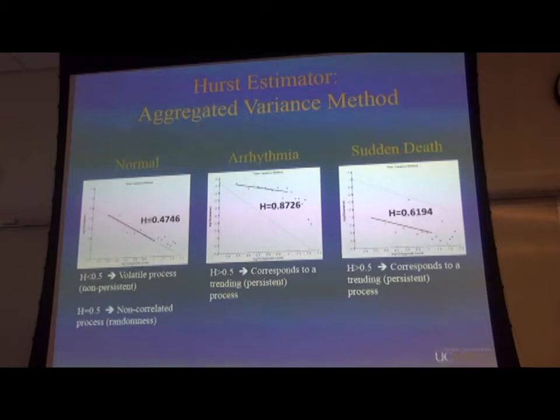From the normal sinus rhythm, it was the only data set that gave me 2 different values, and this could have been because there wasn't enough data, or some human error, because I manually calculated everything. But the arrhythmia and the sudden death were both consistent in their values for both the time variance method and the RS method.